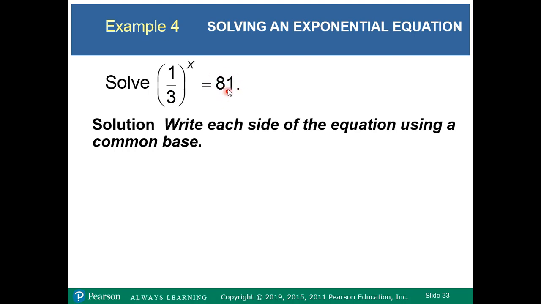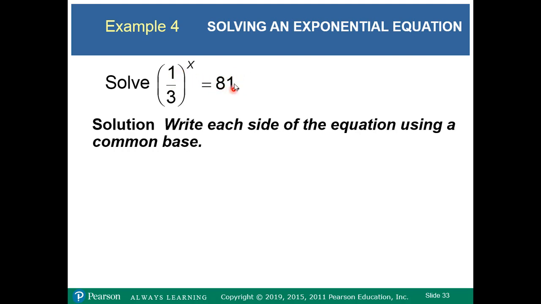Well, we've got 81. Can we write that as a power of 3? And the answer is yes, because we know this is 9 squared, and 9 is 3 squared. So that means we could write this as 3 to the 4th power. But we want 1/3.